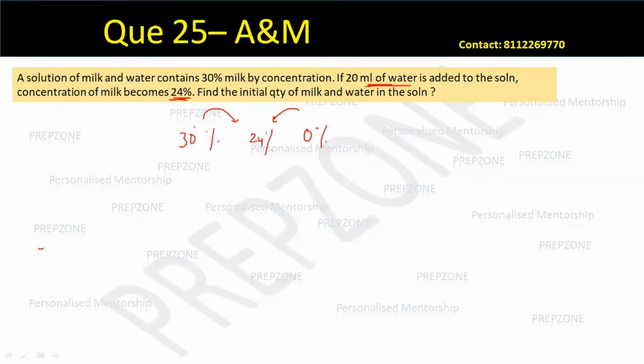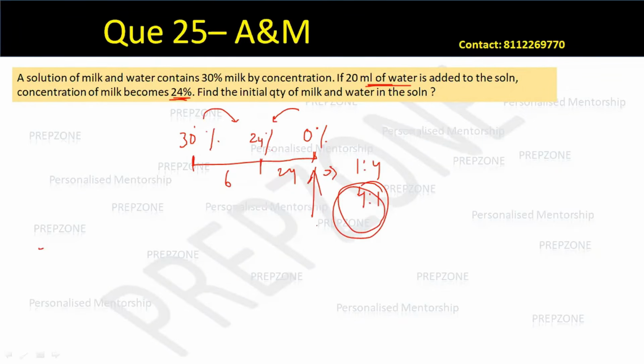Until now, we used to calculate these averages, but here the average is already given. So these are the points of distance. D1 to D2 here is 30 minus 24, which is 6, and 24 minus 0, which is 24. So the ratio of the distance is 1:4, so the ratio of the quantity has to be 4:1. If this is 1 unit, this has to be 4 units.